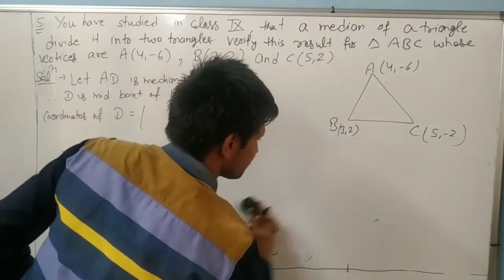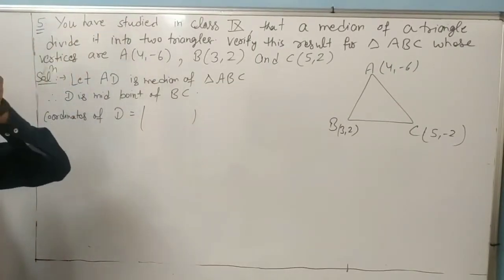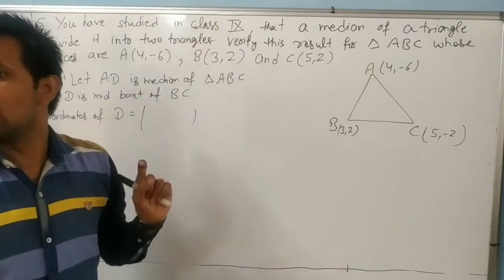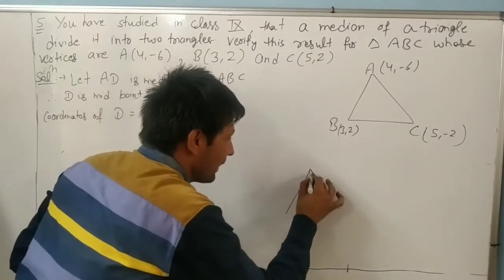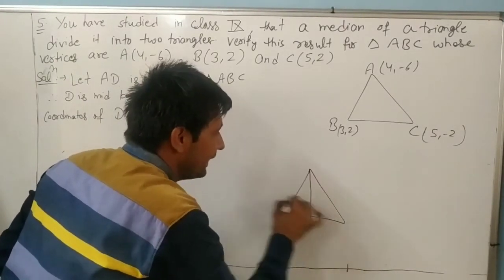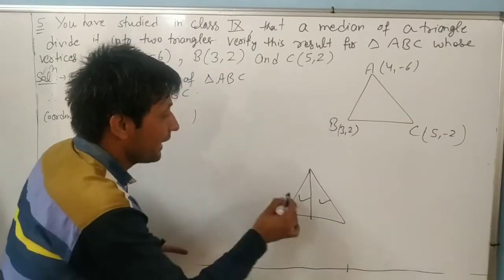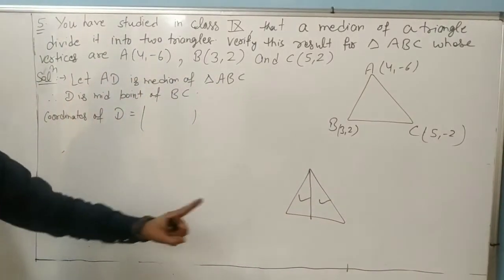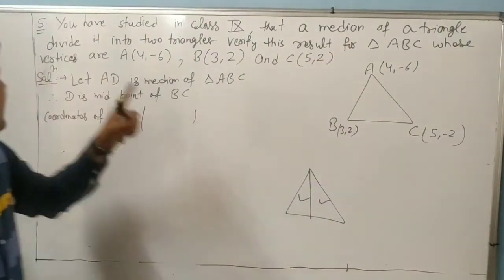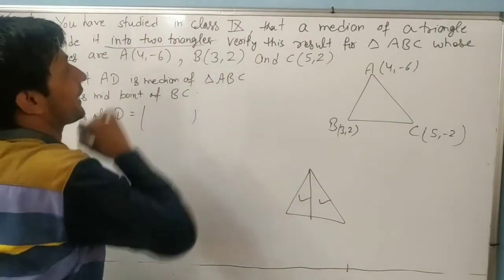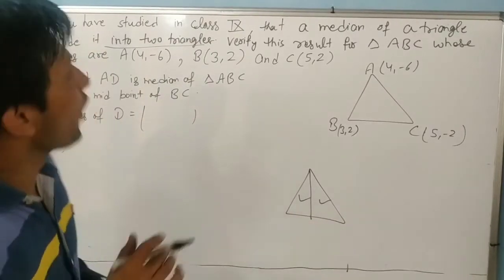Next is question number 5. You have studied in class 9 the median of a triangle. And always remember dear, a median divides a triangle into two triangles. In 9th class we have already learned this result: a median always divides a triangle into two triangles of equal areas.